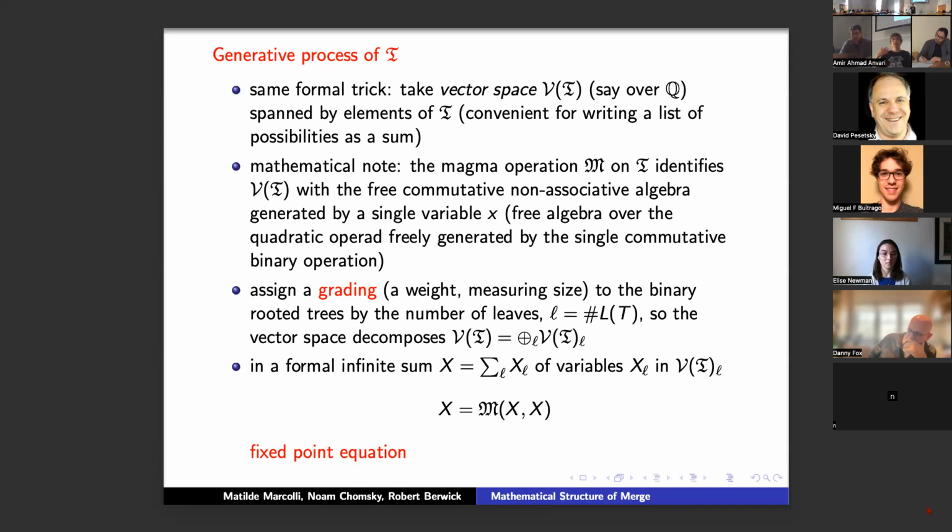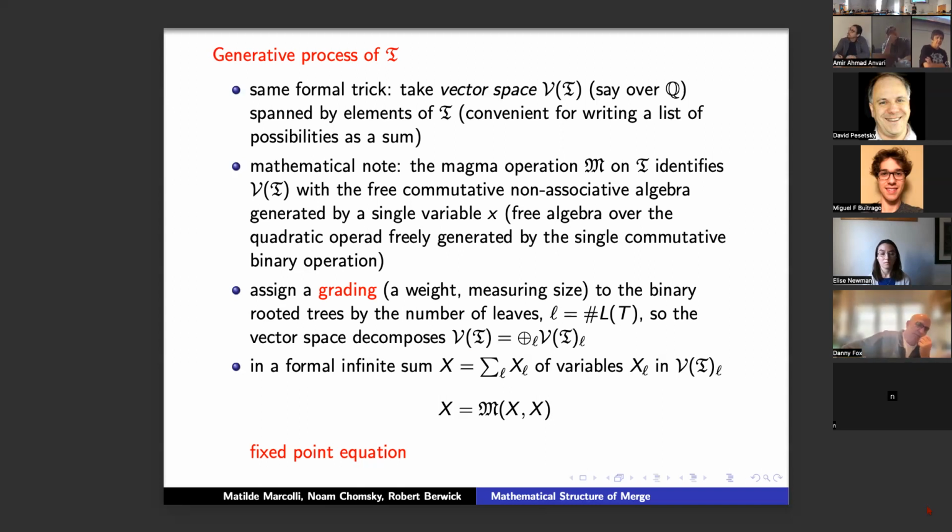This is like an index of how large, how complicated, my trees are. Since they're binary trees, it doesn't matter whether you order them by number of leaves or by internal vertices, because these things are related by a very simple relation, so one determines the other completely. So let's just count the number of leaves, which is just the length of your sentence.